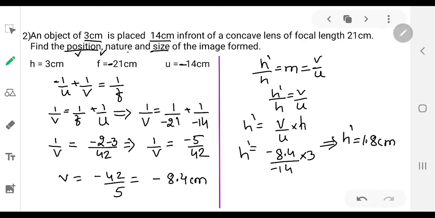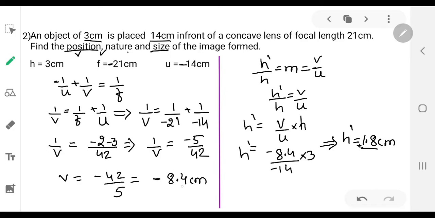If it is positive, the image is above the principal axis. Compared to the object size, the object is 3 centimeter and the image is 1.8, so you can say the image is diminished. As it has a positive sign, it is above the principal axis, so the image is erect. As the v value is negative, the image is formed on the same side of the lens where the object is.